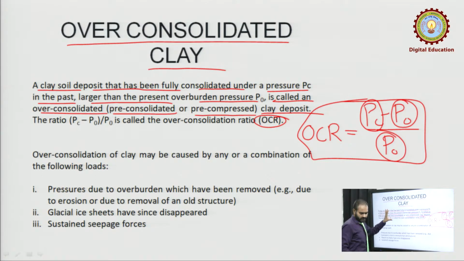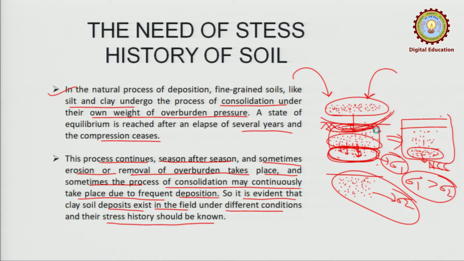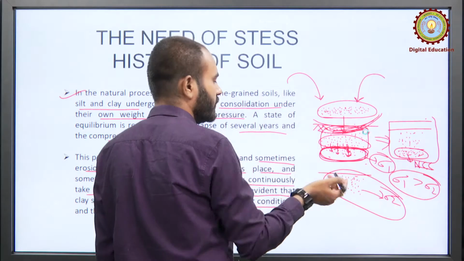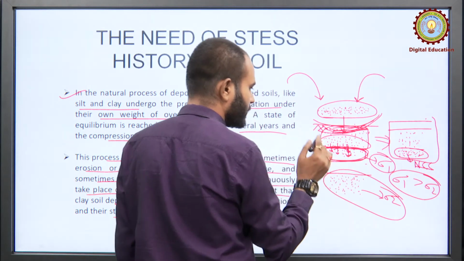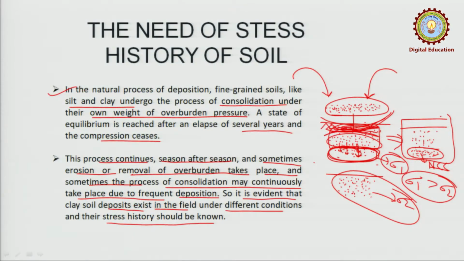Let us go into that figure again. In this figure, if we are talking about over consolidated clay, then the over consolidated clay will be this one. Why? Because this much part, if you remember, I told you was eroded or removed. So, this layer will get relaxation, due to which it will move out and expand.